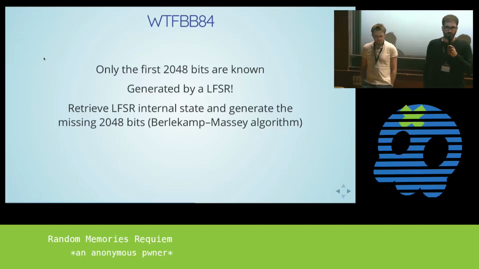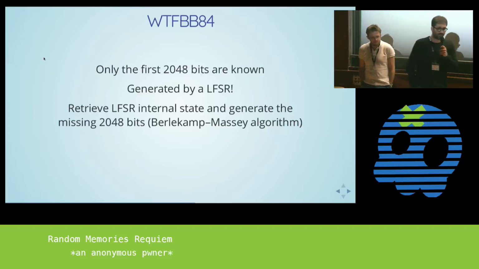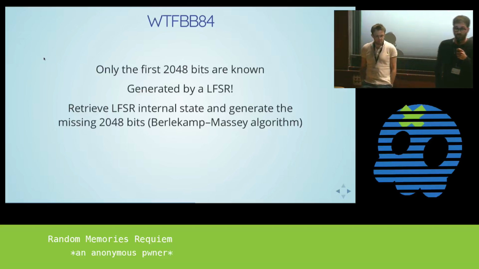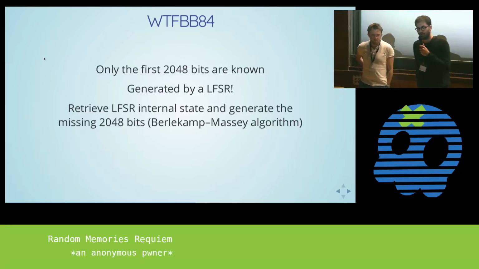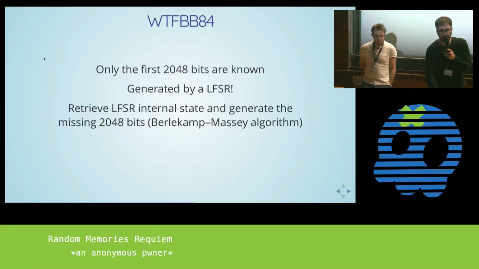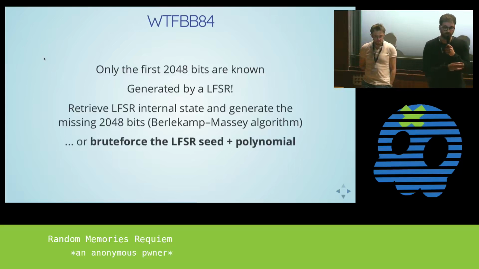So hence we can retrieve the output bits. For this, there's an algorithm known as the Berlekamp-Massey algorithm. I didn't have an implementation for it, so I didn't use it, and I managed to brute force the LFSR and the polynomial. Actually, it wasn't made to be possible, but there's a kind of bug in the implementation.